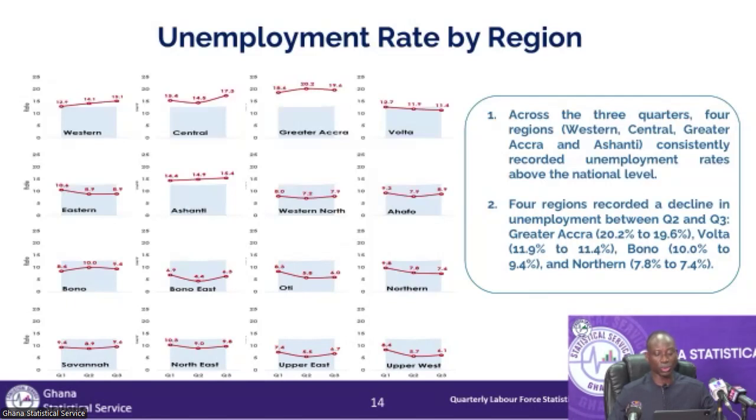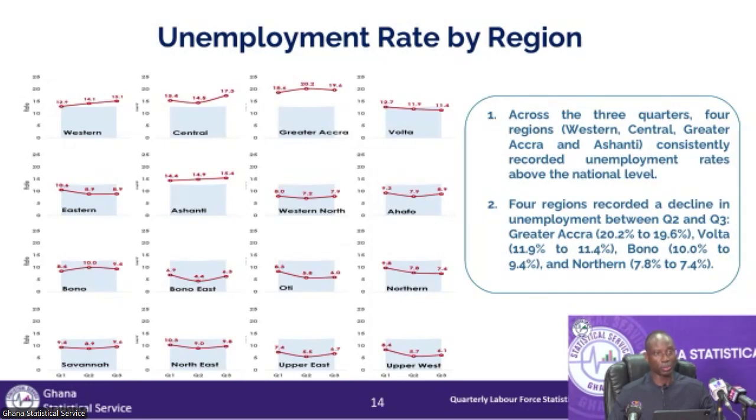Again, 4 regions recorded a decline in unemployment rates between Q2 and Q3. So which are these regions that are seeing decline in unemployment rates? This includes Greater Accra, whose unemployment rate reduced from 20.2% in Q2 to 19.6% in Q3. Then we have Volta Region, whose unemployment rate reduced from 11.9% in Q2 to 11.4% in Q3.